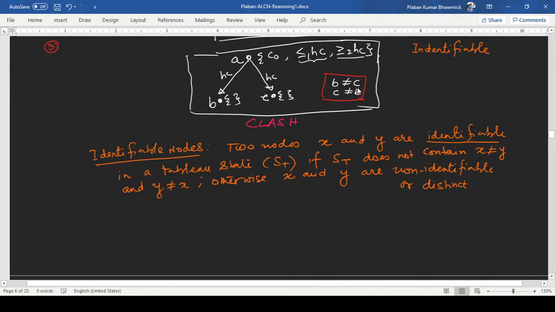So here B and C are not identifiable, they are distinct, right?